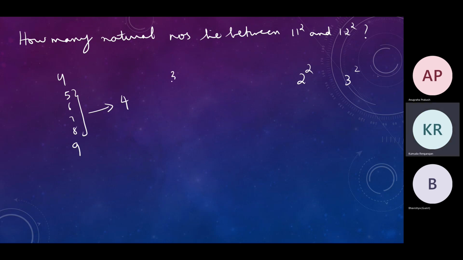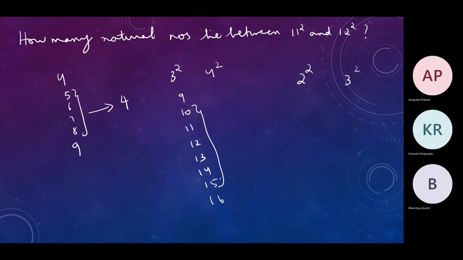Now let's try 3 square and 4 square. Between 3 square and 4 square, it will be 9, 10, 11, 12, 13, 14, 15, and 16. But since it's between, it's only about these numbers: 1, 2, 3, 4, 5, 6. So 6. Which means the rule is 2n.